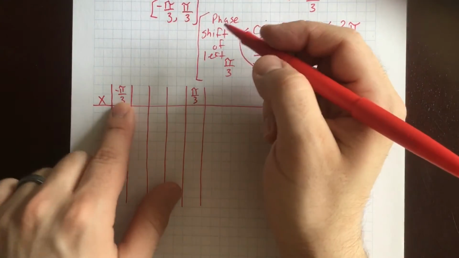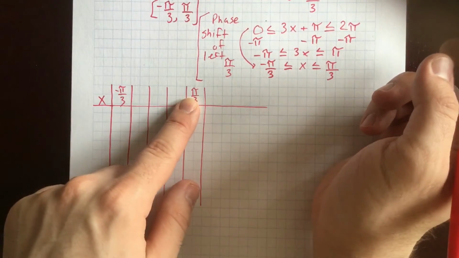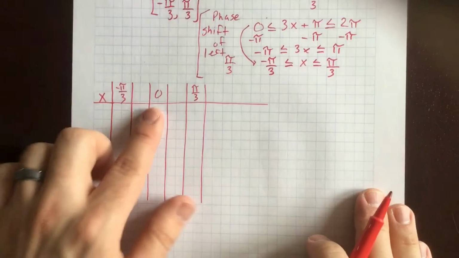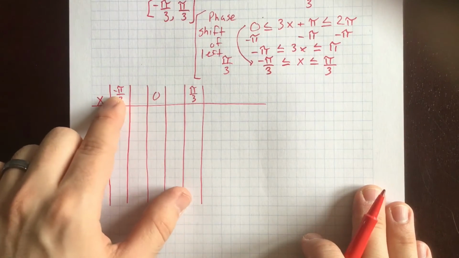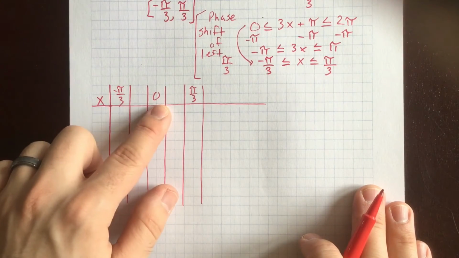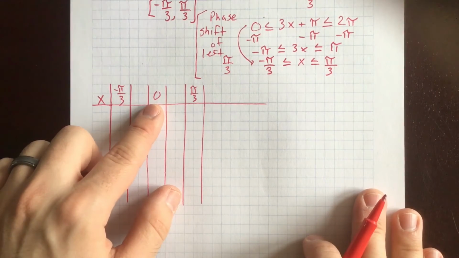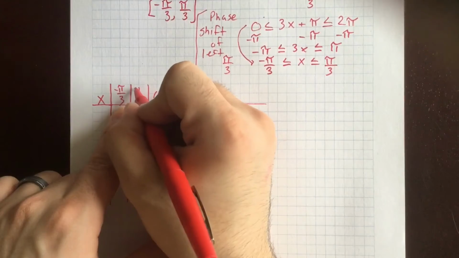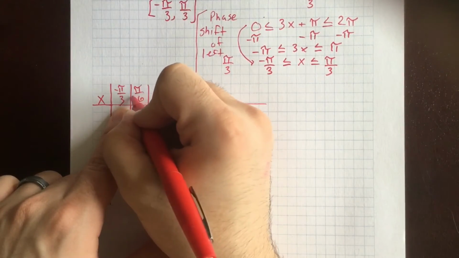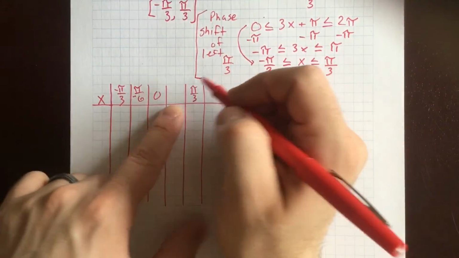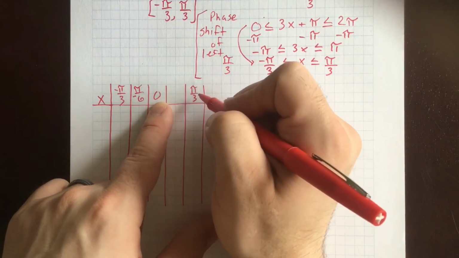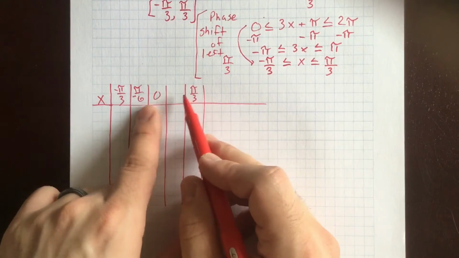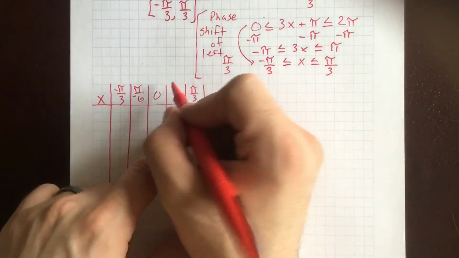Negative pi over 3 plus pi over 3 is 0, so it's just 0. Negative pi over 3 plus 0 is negative pi over 3. When we divide that by 2, my 3 would become a 6. And then same thing here, pi over 3 plus 0 would be pi over 3, and then we divide by 2.